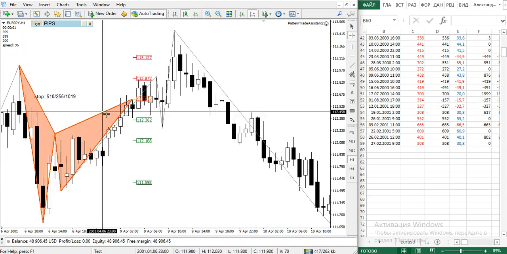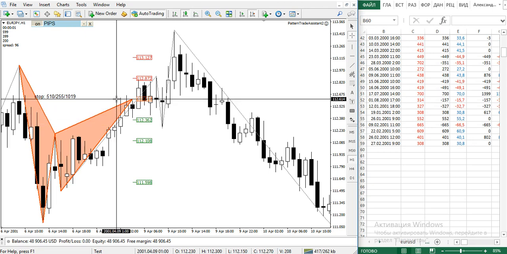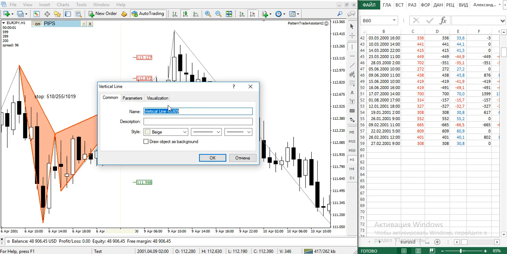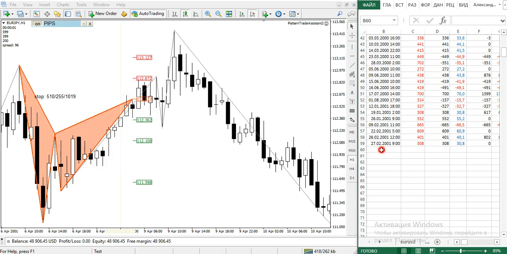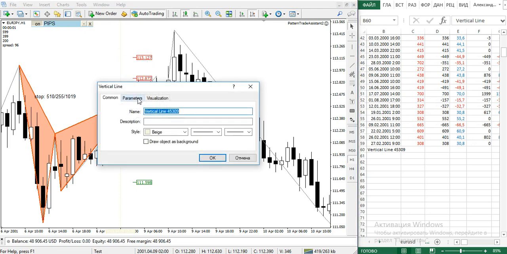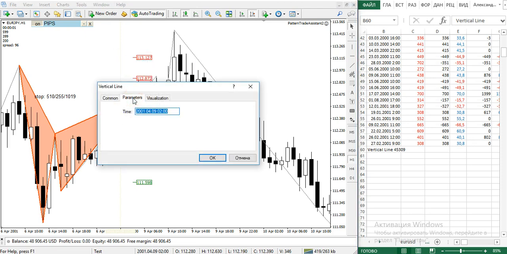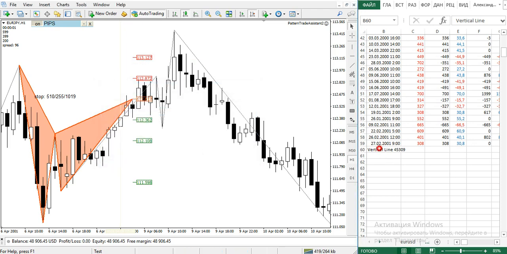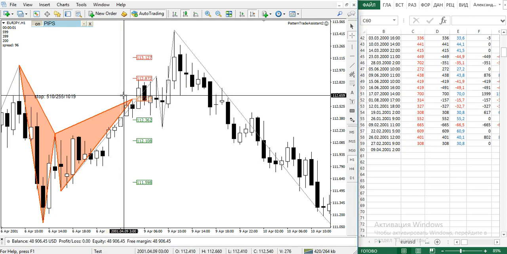Okay, so what we have on this trade completed with this candle. So I need to change parameters. I copied the name instead of time. Okay, so the price action looks this way.